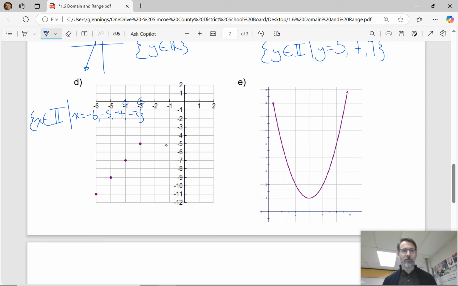Okay, x can be any of those values. And then y is also of the integers, such that y equals -11, -9, put commas in between them, please, -7, and -5. So there's our y values that this function can take.